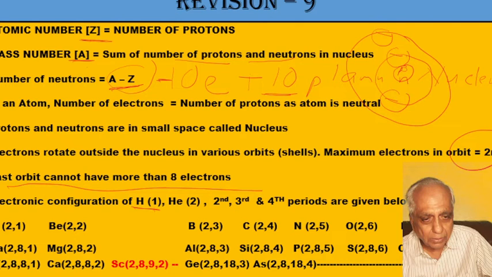Once it becomes 2, 8, 18, 2, then when one more goes, it will become 2, 8, 18, 3. So note this down and try to learn it, because this concept would be helpful in understanding the periodic table. I will give you 2 minutes.